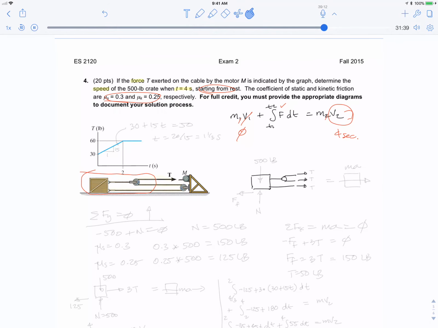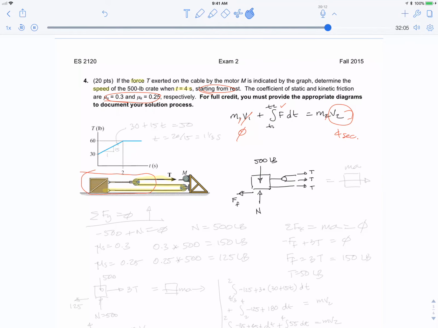And if you look carefully, let me highlight the rope. That's all the same rope. So all three of those will be T, T, and T. There's the weight of the crate, 500 pounds. There is the normal. And then there is the friction force, which may or may not be mu times N.